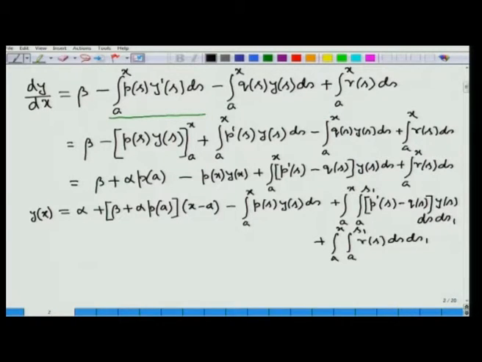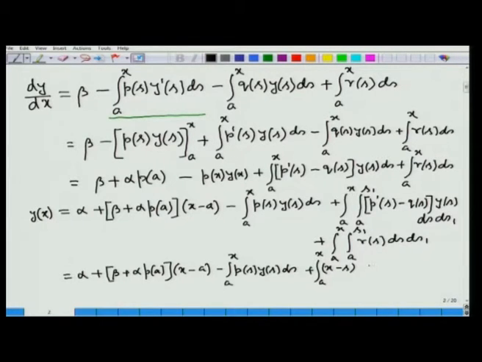After applying the generalized replacement formula, we will have alpha plus beta plus alpha p a times x minus a, this remains unaltered, minus integral a to x p s y s ds, plus integral a to x of x minus s times p dash s minus q s y s ds, plus the last integral, which will be integral a to x of x minus s r s ds.